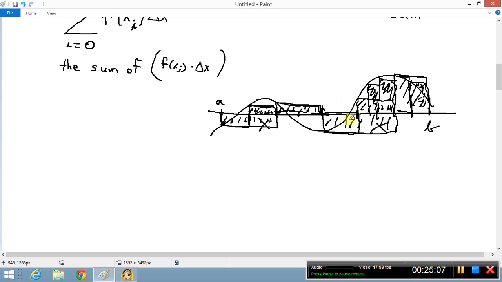And if I do this on a computer, and we will in the lab, you will see graphically the areas of these rectangles fill into the curve and not slop over very much at all. So how do we get the true area? Well, we just take this sum to the limit. We take the limit as n goes to infinity, where n is the number of pieces I chop the whole interval from a to b into.